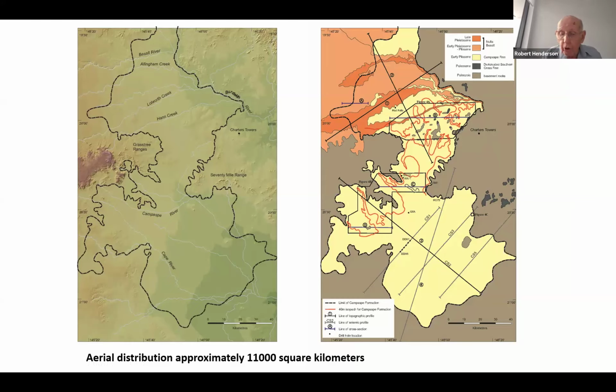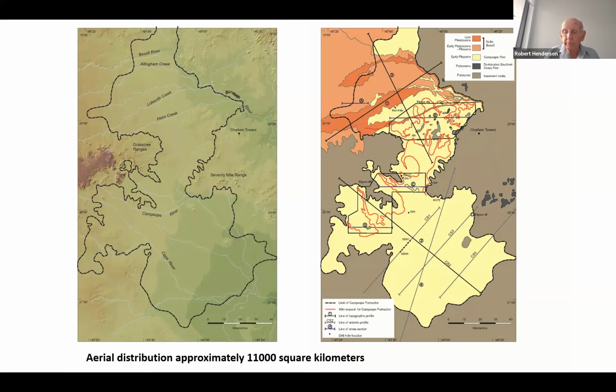But we've also got an early Tertiary sediment system, which is left as relicts, and it's got ferricrete development on top of it. And it's shown in these little black spots you can see here, and you can see other bits here just west of Charters Towers and to the north of Charters Towers as well.